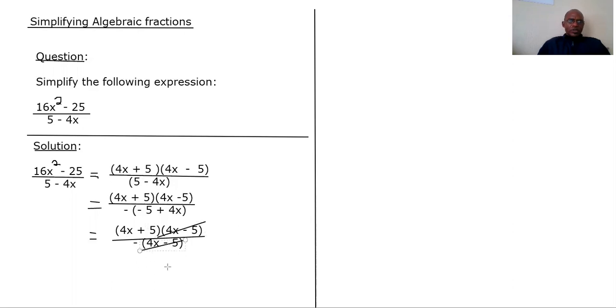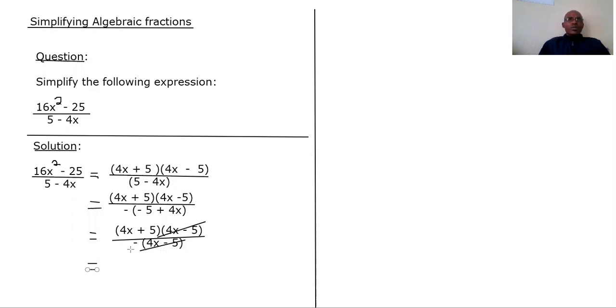Right? So what do we now have at the end of the day? Right, we can now see that we are having an expression which is 4x plus 5 divided by the negative, right? So whenever we are dividing by a negative 1, the number doesn't change.